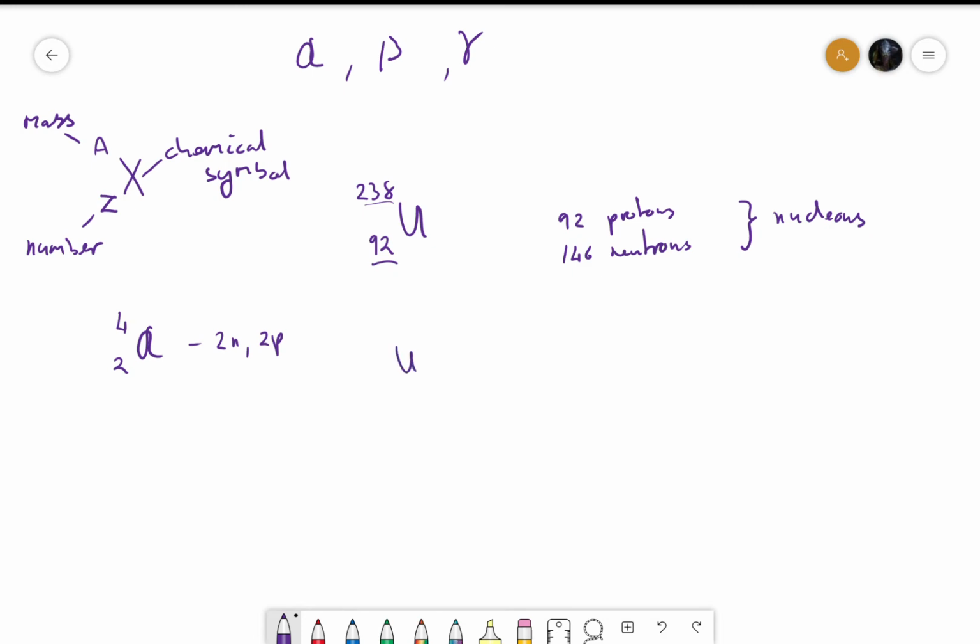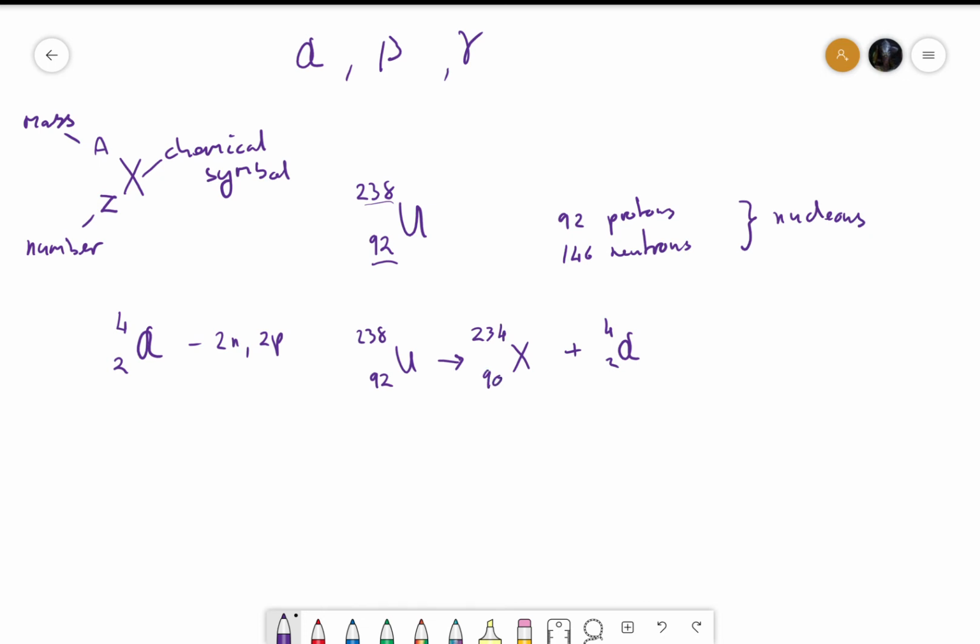If I use uranium-238 as my example, if it undergoes alpha decay, it turns into a new element that I'll call X in the meantime, plus the alpha. The atomic number and the atomic masses have to balance. So I know that this new element has an atomic mass of 234 and an atomic number of 90.